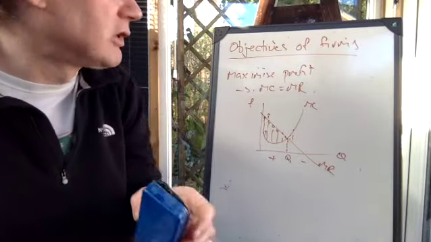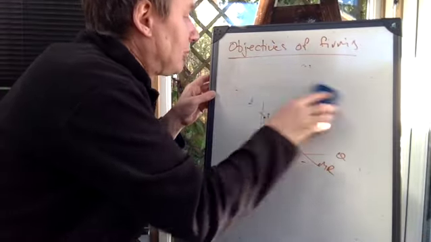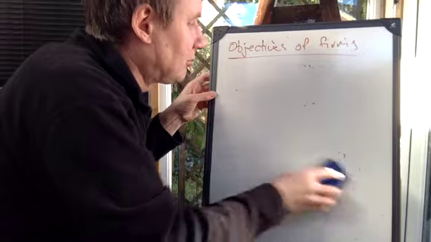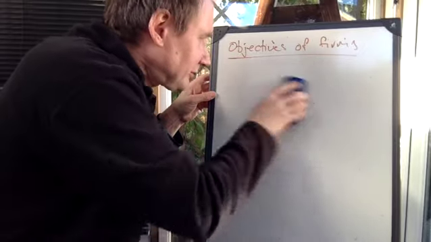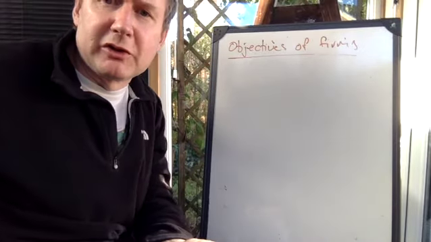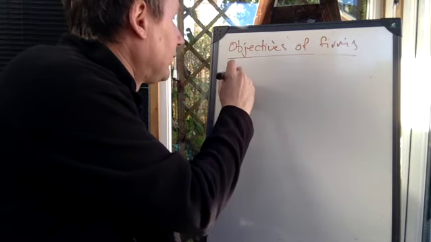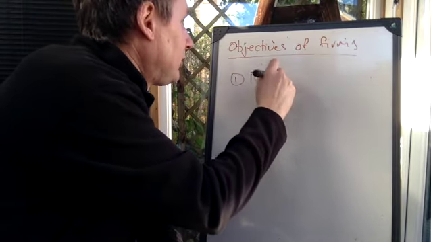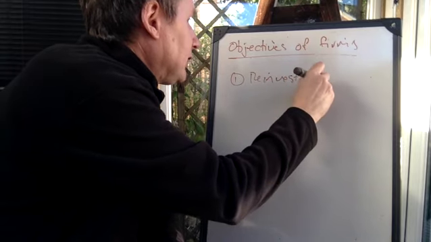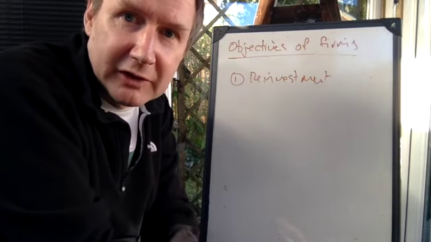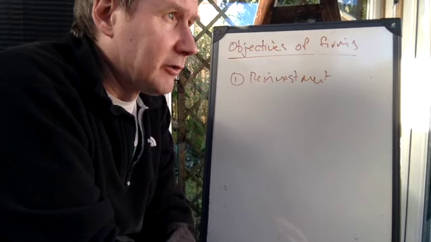So why would we assume that a firm wants to maximise its profits? I guess that sounds like a bit of a stupid question in some ways, but if you were asked, you'd say, well, there are two main reasons that a firm wants profit. One is for reinvestment. The point about profits is that, unlike loans, unlike shares, it's kind of free money.